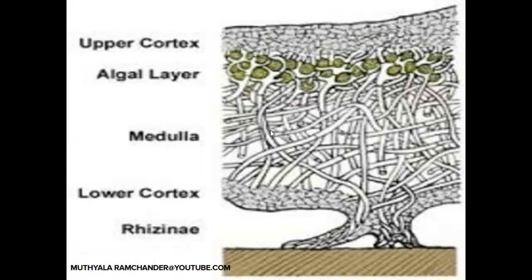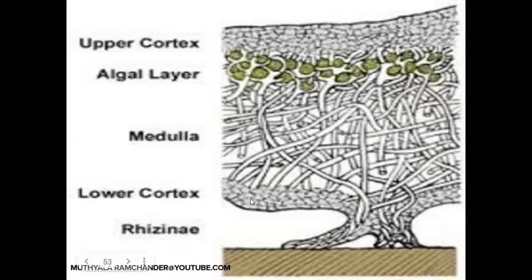In the medulla, Ascomycotina fungi are loosely arranged, maintaining a large number of cellular spaces. Below the medulla, the lower cortex is present, also called the lower epidermis of lichens.